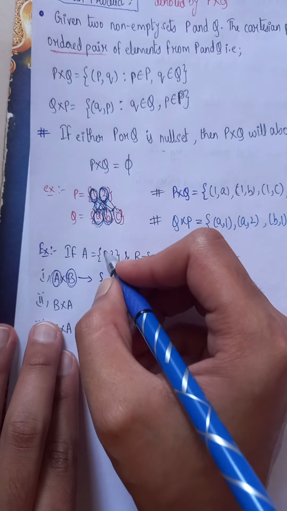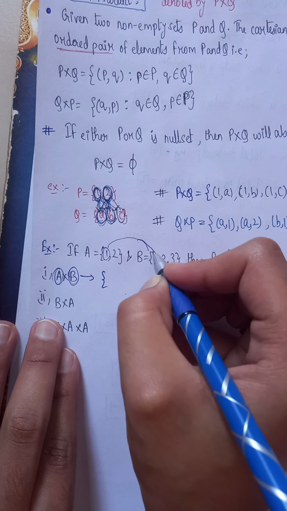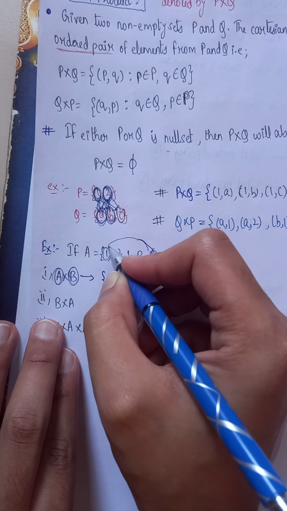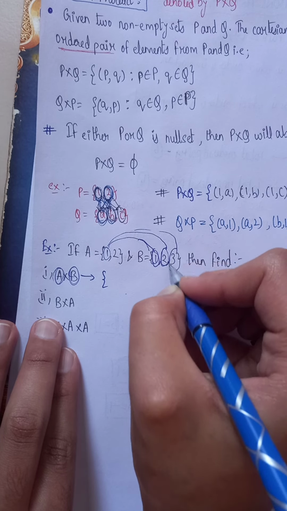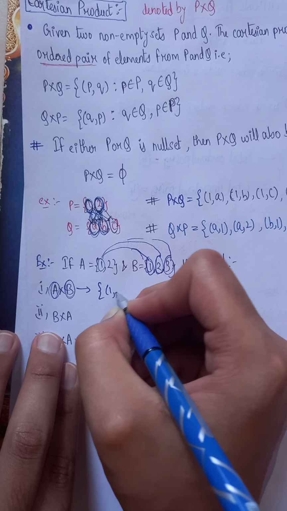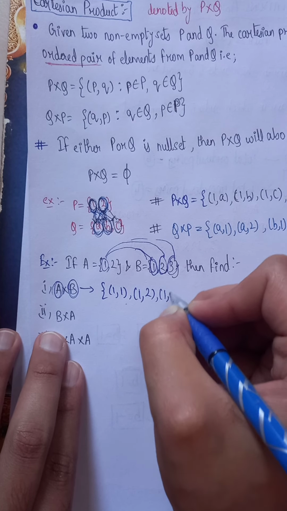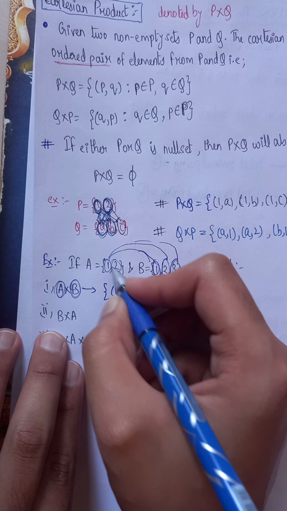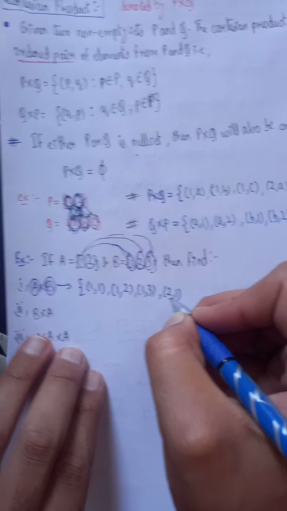First we write 1 comma 1, then 1 comma 2, then 1 comma 3. Now, finished writing with 1, let's start with 2 comma 1, 2 comma 2, 2 comma 3.